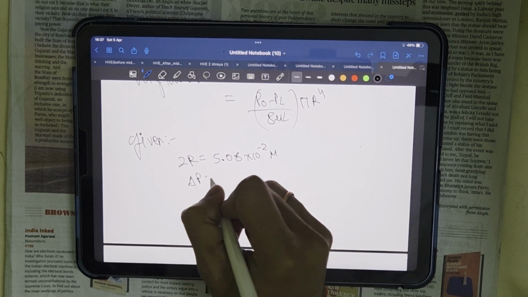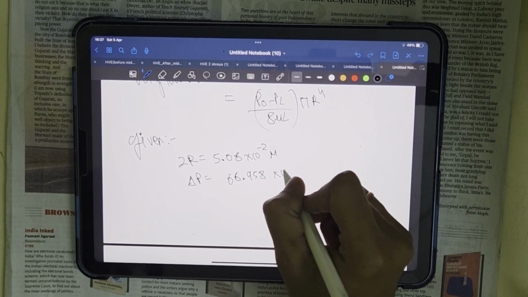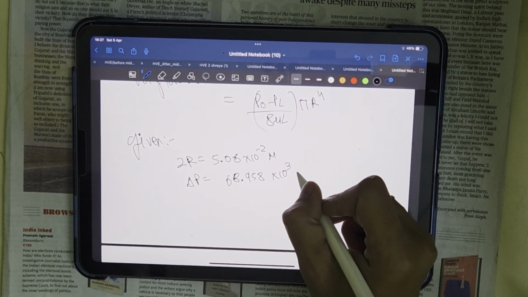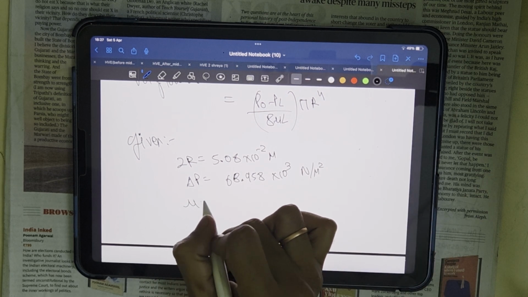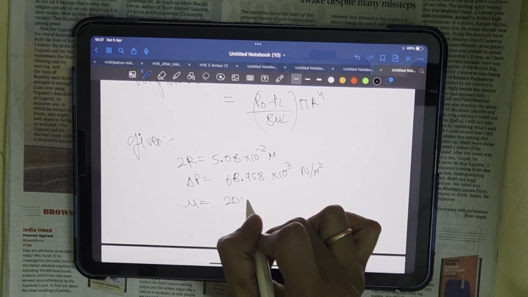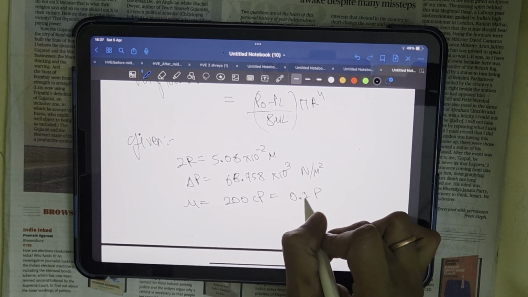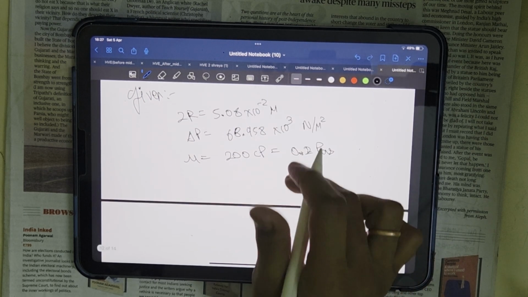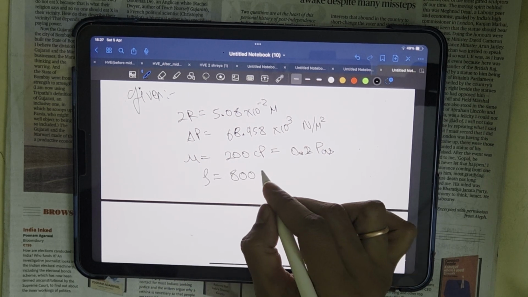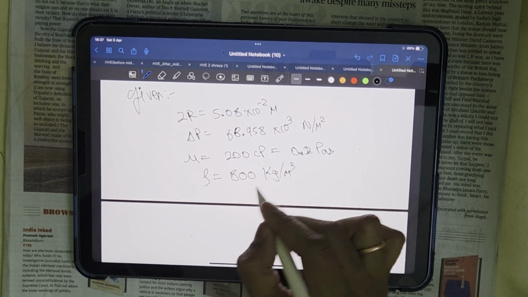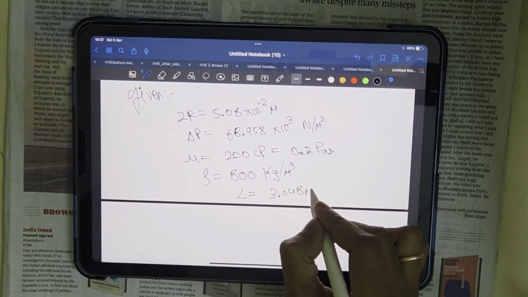Delta P is given as 68.958 into 10 to the power 3 Newton per meter square. Mu, that is 0.200 centipoise, which is equal to 0.2 Pascal second. Rho, that is density, is given as 800 kg per meter cube, and length is 3.048 meter.